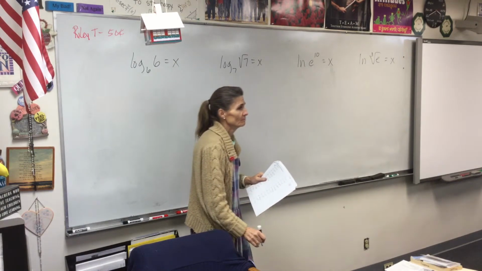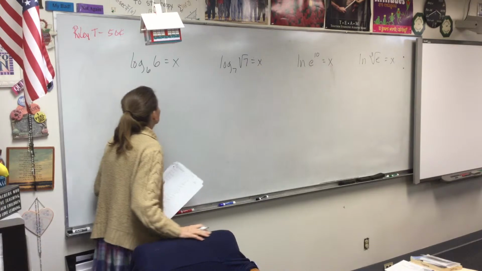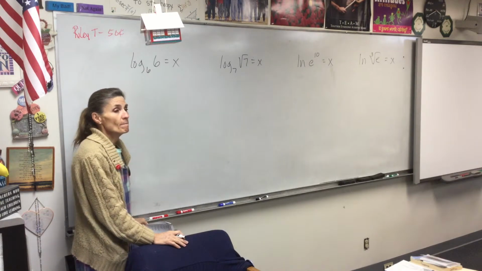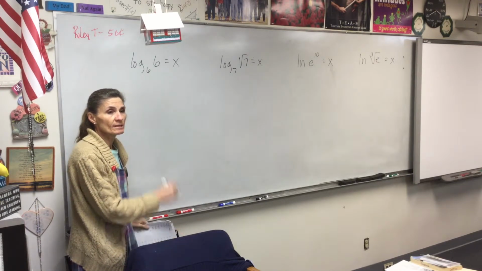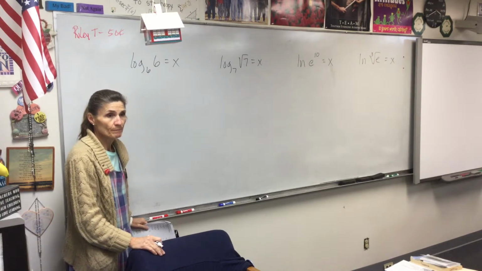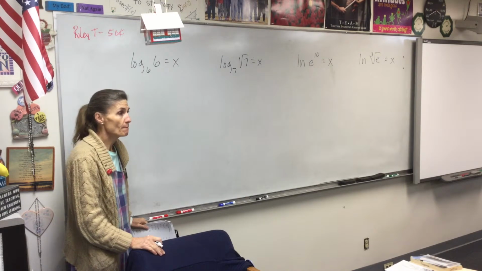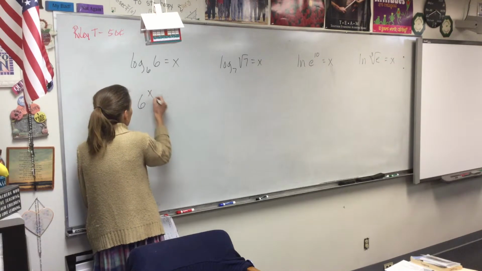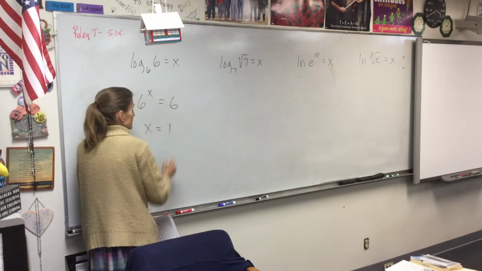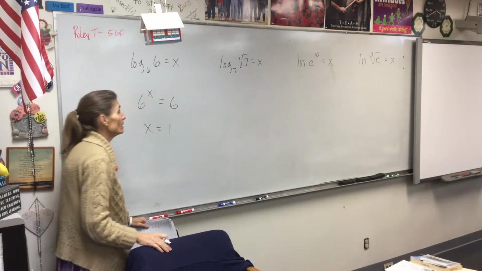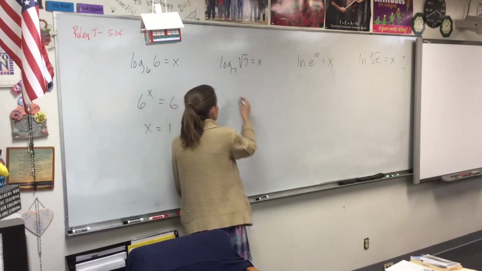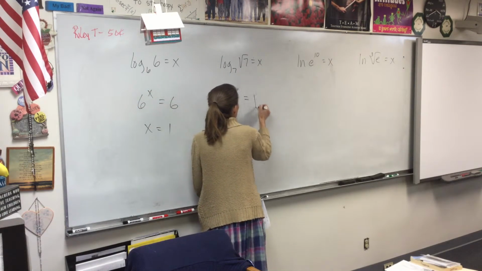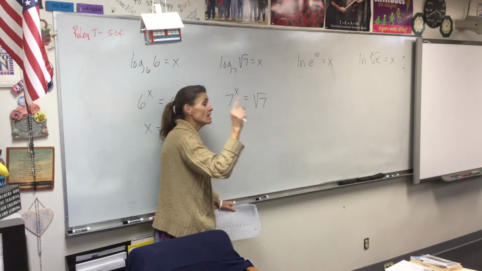The answer to number 1 is 1. All right, Moses has concluded that the answer to number 1 is 1. Would you agree with that? Yeah. 6 to what power is 6? Moses says it's 1. 7 to what power is the square root of 7?